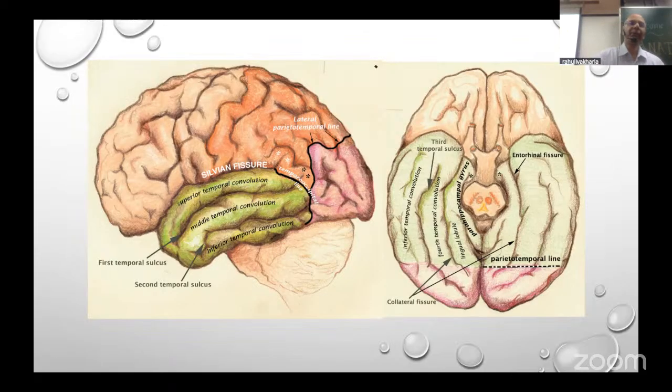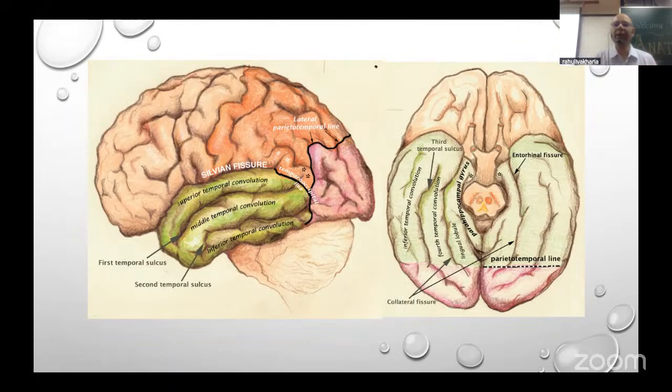The superior temporal gyrus continues posteriorly into the supramarginal gyrus, which you can see with the white arrow. The middle temporal gyrus continues behind with the angular gyrus, and the inferior temporal gyrus continues behind into the inferior occipital gyrus. This is on the lateral surface.